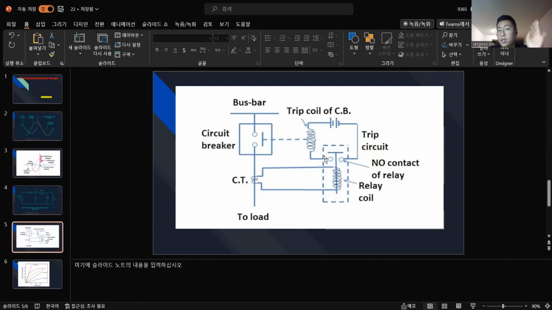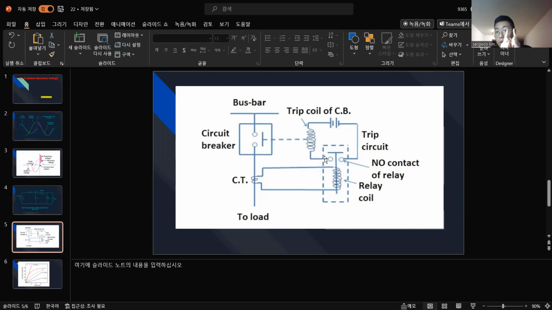So what I mean is the CT first needs time to detect the fault current, right? At least one period of the sine wave, and then the relay coil process, the mechanism process, needs some time. The relay coil is exciting or working, we say, right?